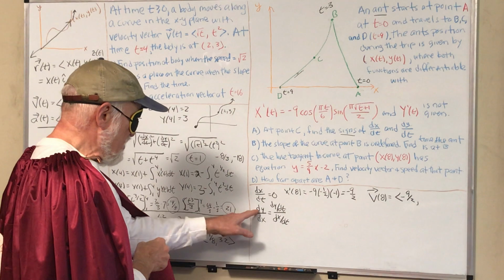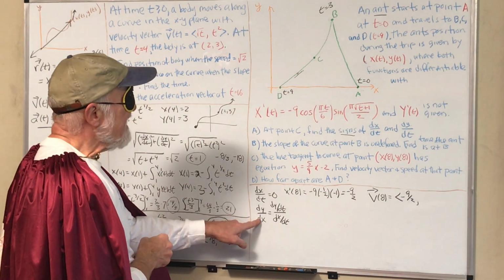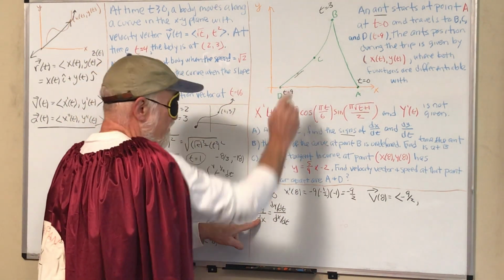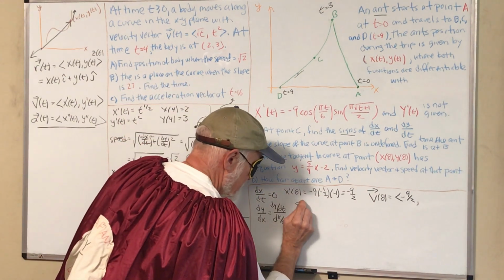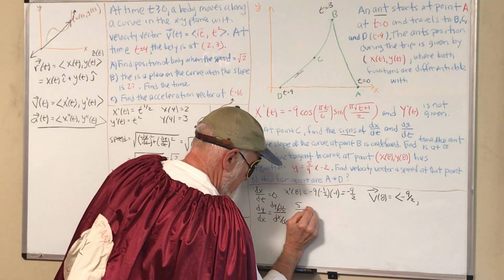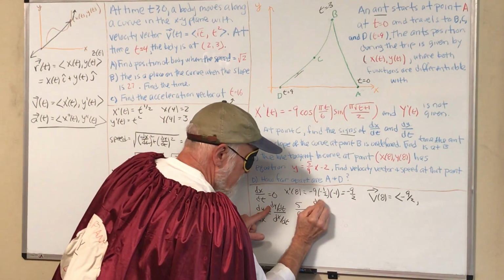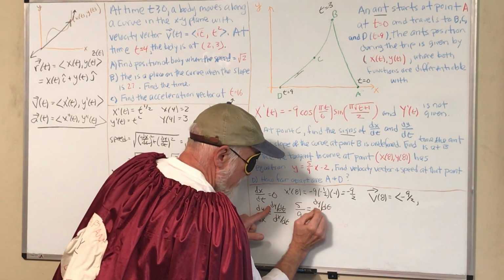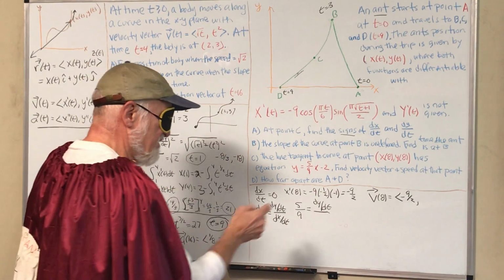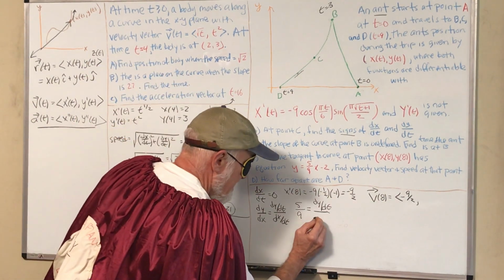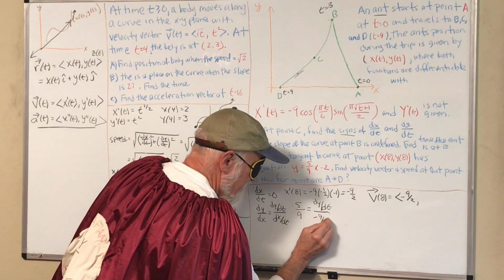And so we know dy/dx right here is 5/9 because that's the tangent line. So that has to equal dy/dt over dx/dt. And dx/dt is negative 9/2.